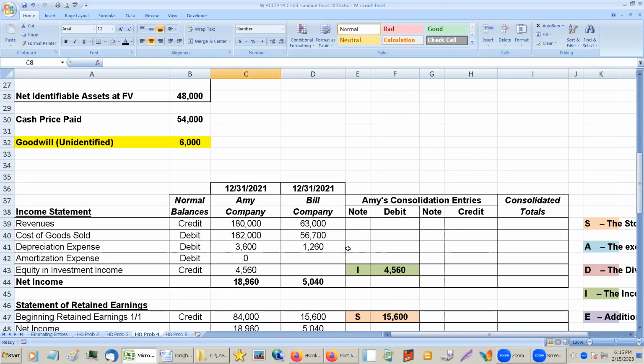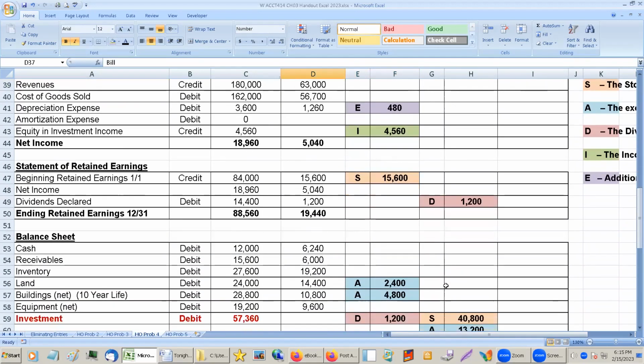So coming down here, depreciation expense has to increase by 480. And we have to decrease our asset by that because we are depreciating it.